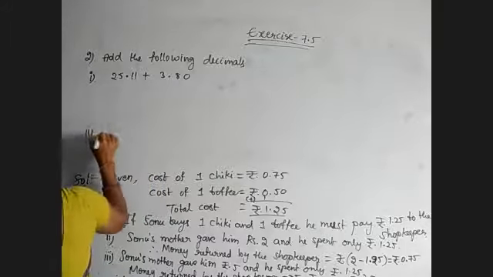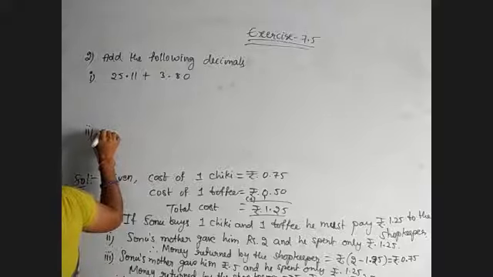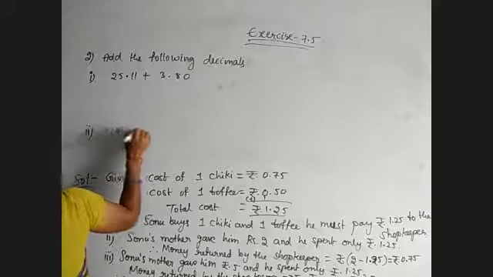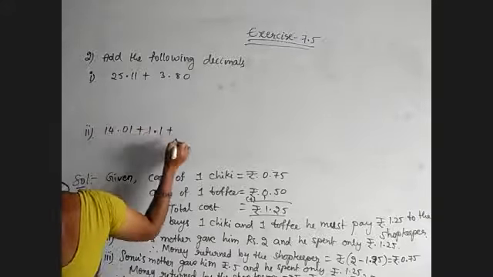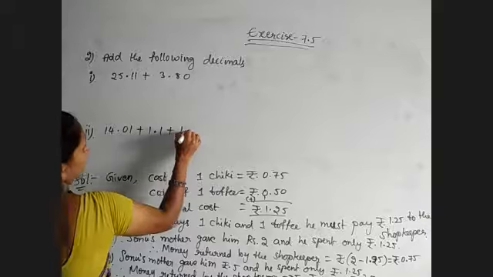And the second question is 14.01 plus 1.1 plus 1.98.